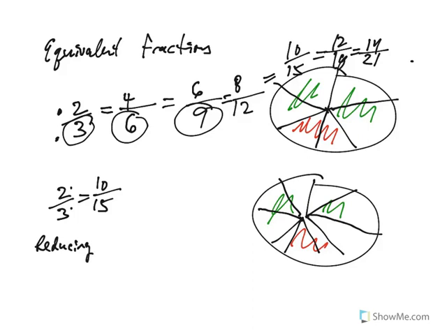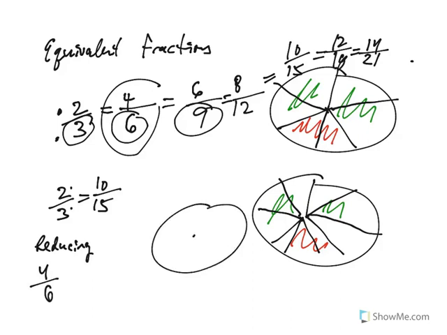Reducing fractions is when I start with something like 4/6. And sometimes you can't really reduce a fraction very easily. So I'm starting with 4/6, and in this case I'll make this red, and these are green.